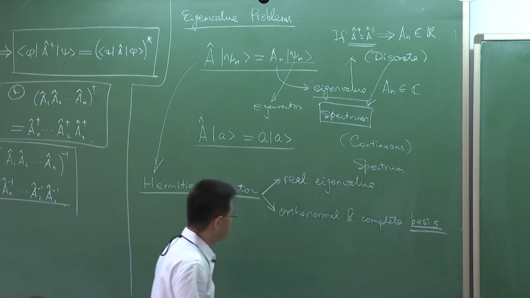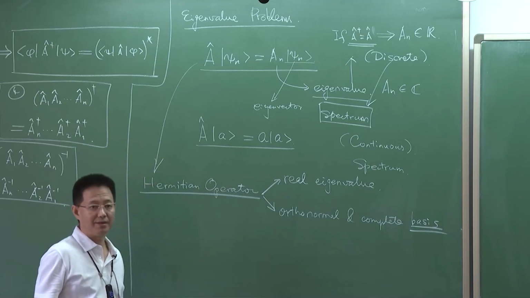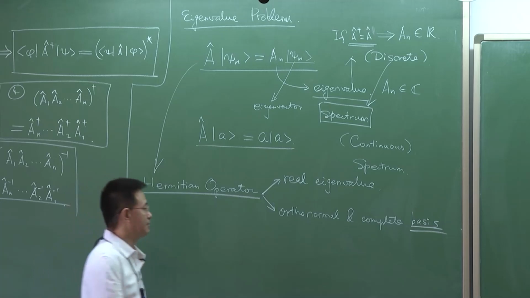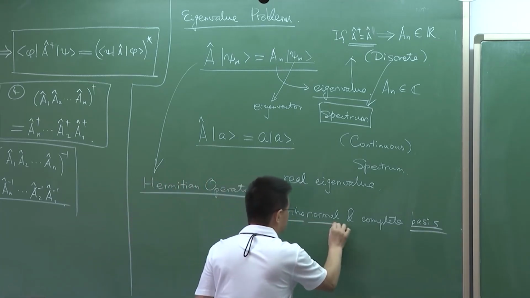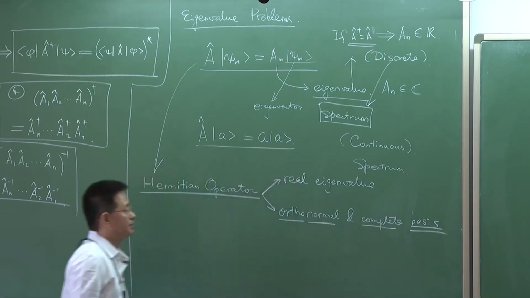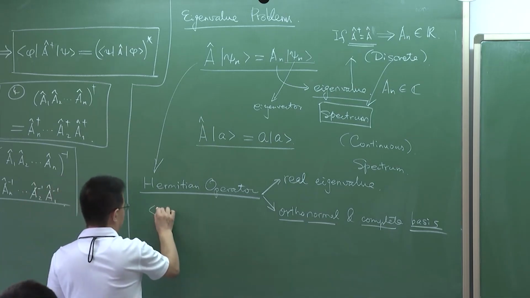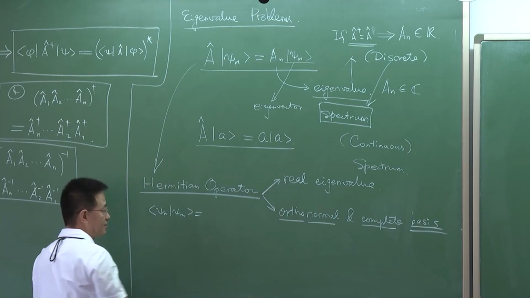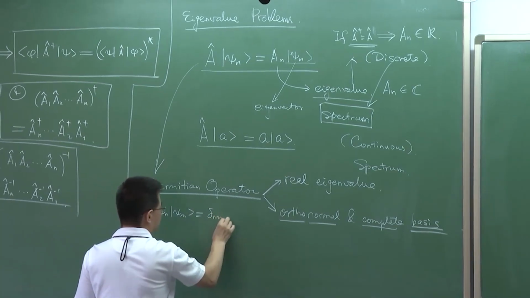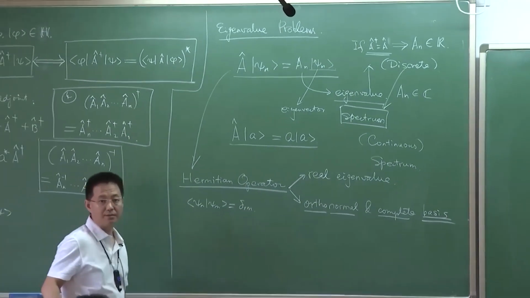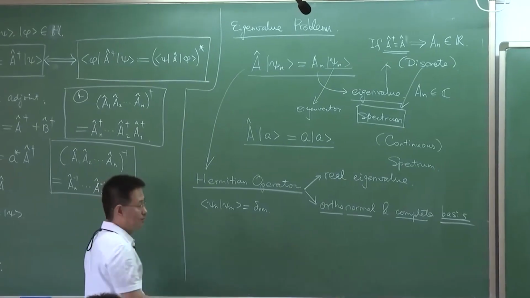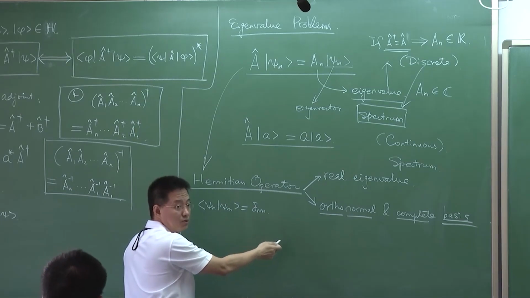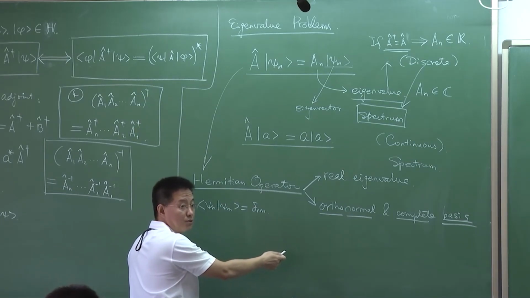The basis is orthogonal to each other, and it is normalized, and this is complete. So that is called orthonormal and complete. What is orthogonal? The inner product of psi n and psi m is equal to delta nm. That is the orthogonal and normalized condition, because it equals 1 or 0. 0 means orthogonal, 1 means normalized, right?